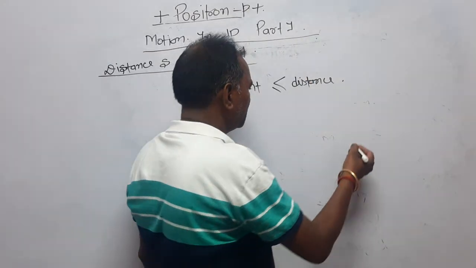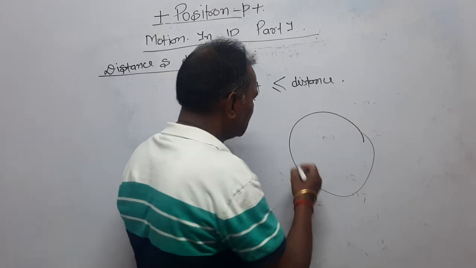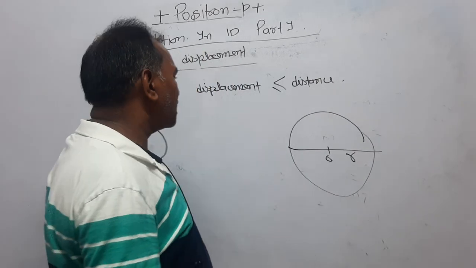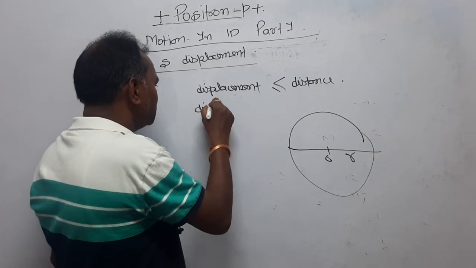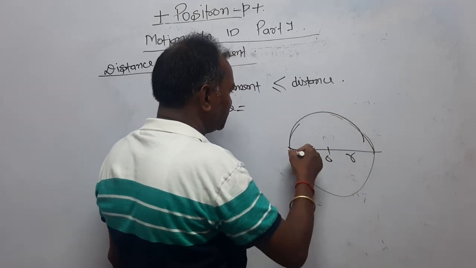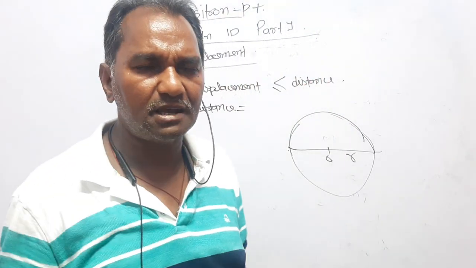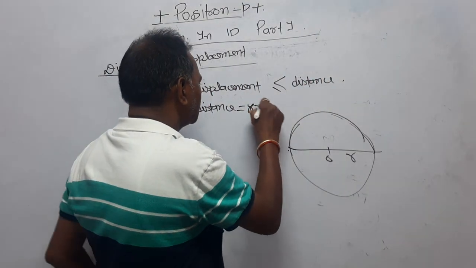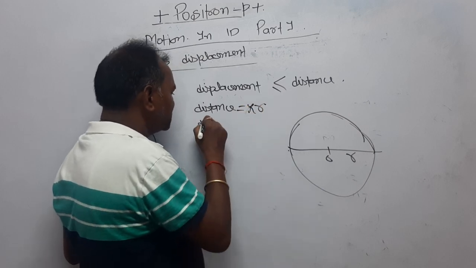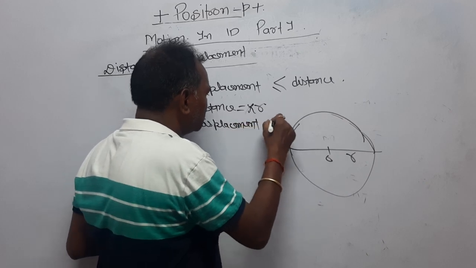For example, if you consider this circular path, let the radius be r. Then in half of the circle, the distance covered will be, in the whole circle the perimeter is 2 pi r, in a semicircle it is pi r, and displacement will be 2r.